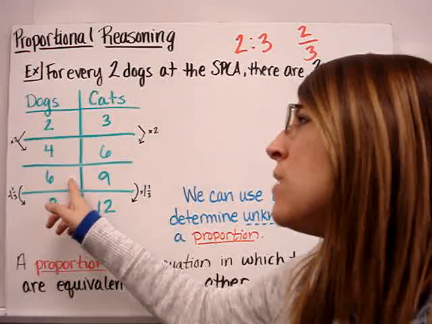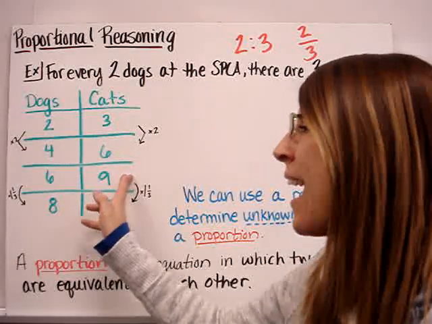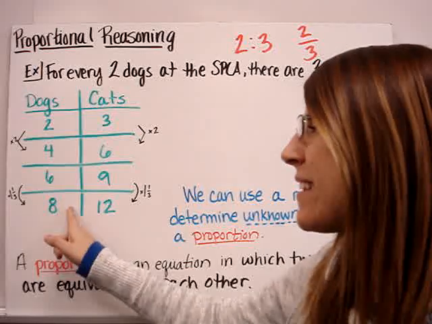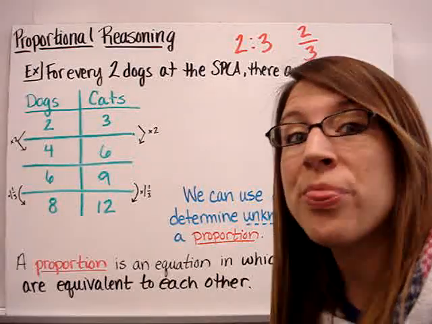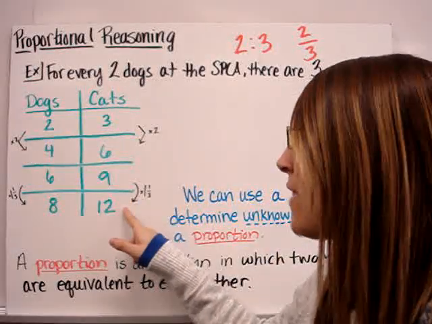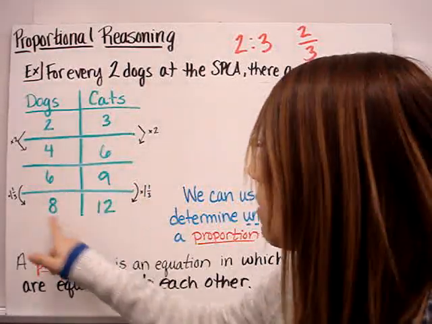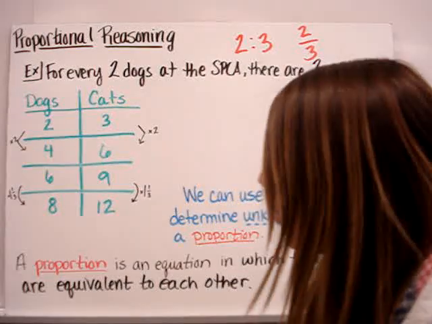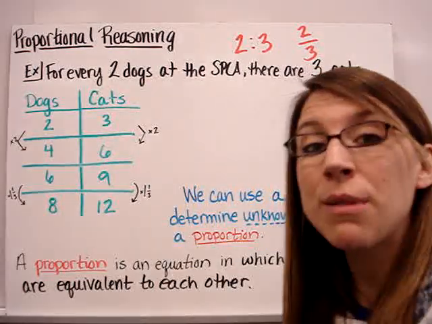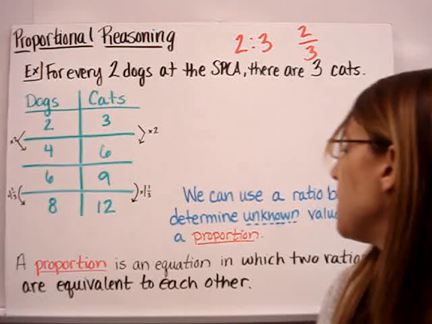But if we only knew that there were 6 dogs for every 9 cats, then how do you get from 6 to 8? Well, that's times 1 1/3. And also 12 cats is going to be 9 times 1 1/3. So we're still maintaining that ratio there, that multiplicative relationship.